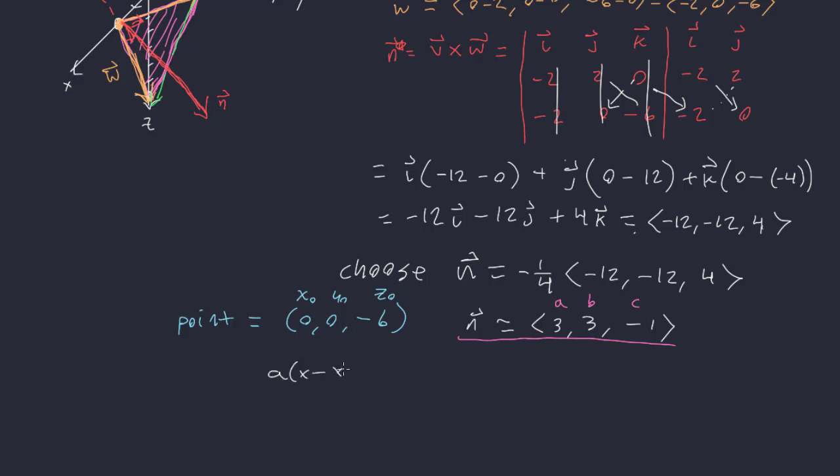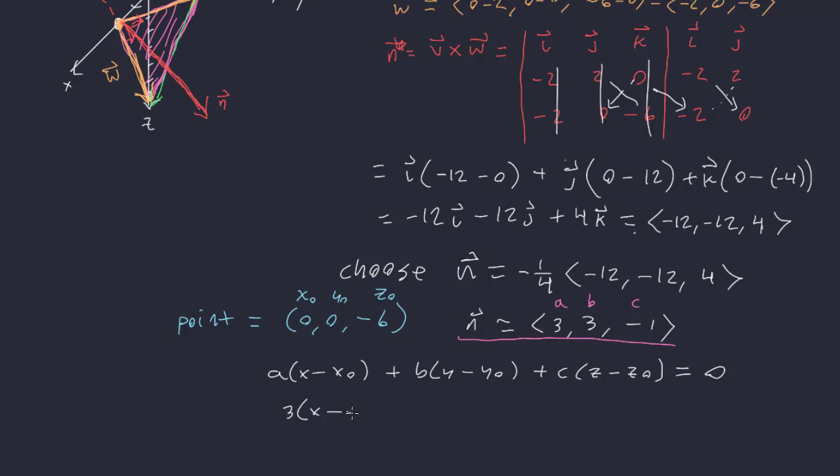So remember, it's A times x minus x naught plus B times y minus y naught plus C times z minus z naught equals 0, and maybe when I fill this out you'll see why I used this point.